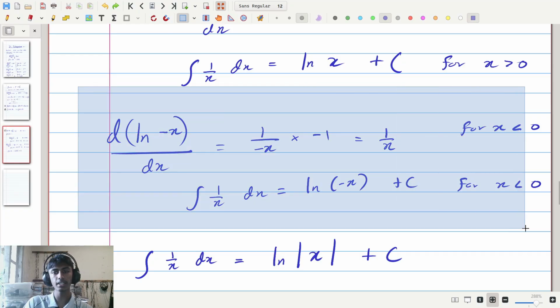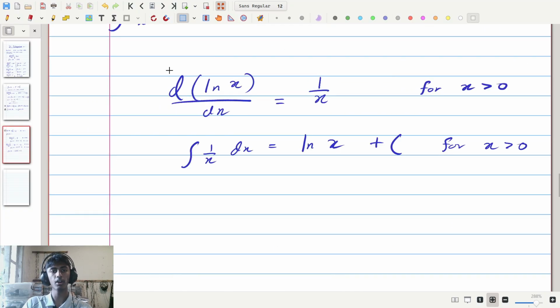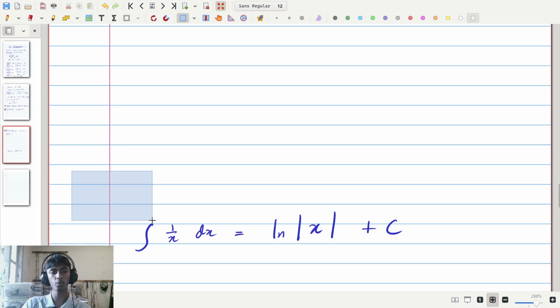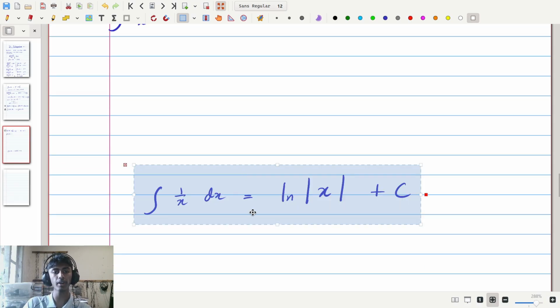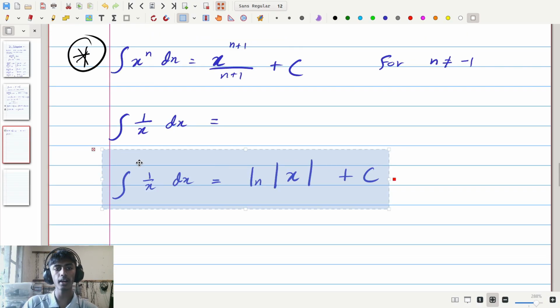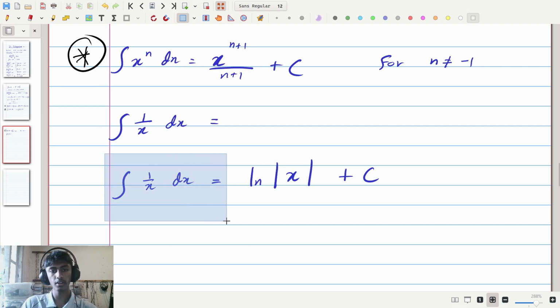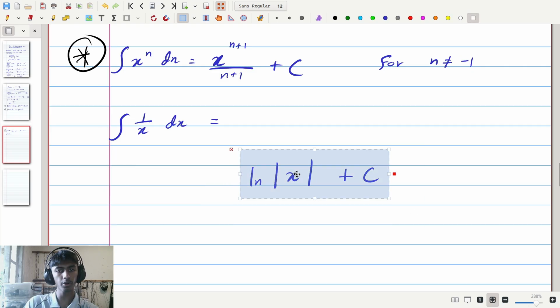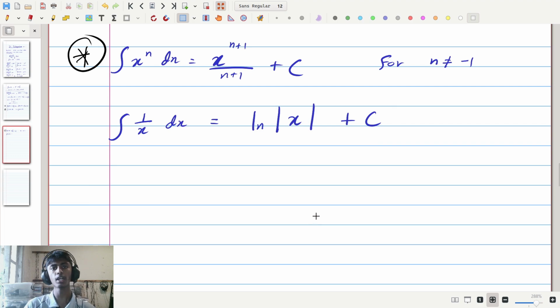Therefore, what we write is that the integral of 1 divided by x with respect to x, or the case where we have x to the power of n, where n is going to be negative 1, we write it as the natural logarithm of the absolute value of x plus c.